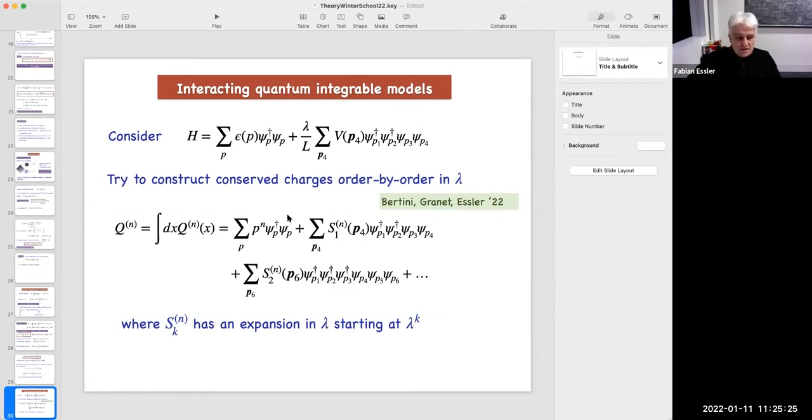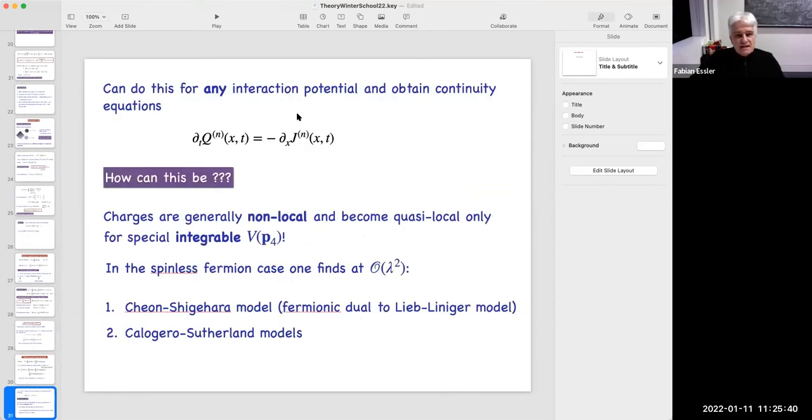You start with the free fermions, and now you add something which is quartic, something which is sextic, something which is octic, and so on and so forth. And you can work out what these are order by order in this small parameter. And interestingly, you can do this for any interaction potential and obtain a continuity equation.